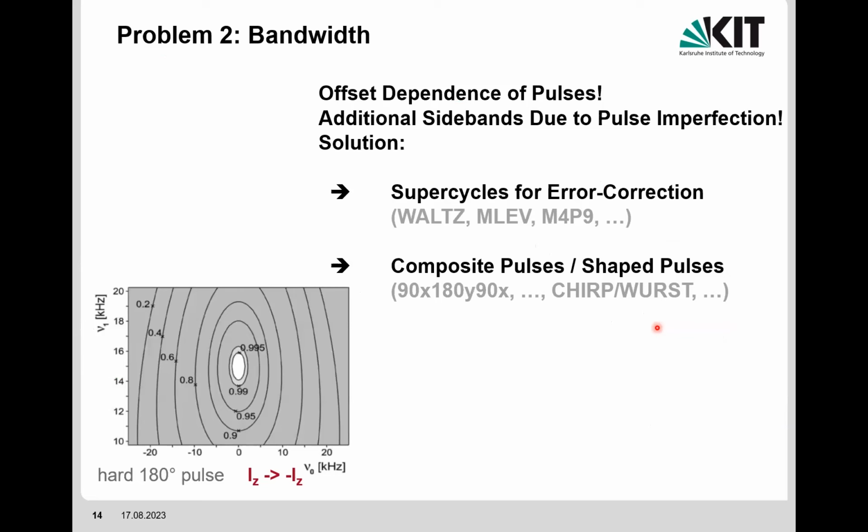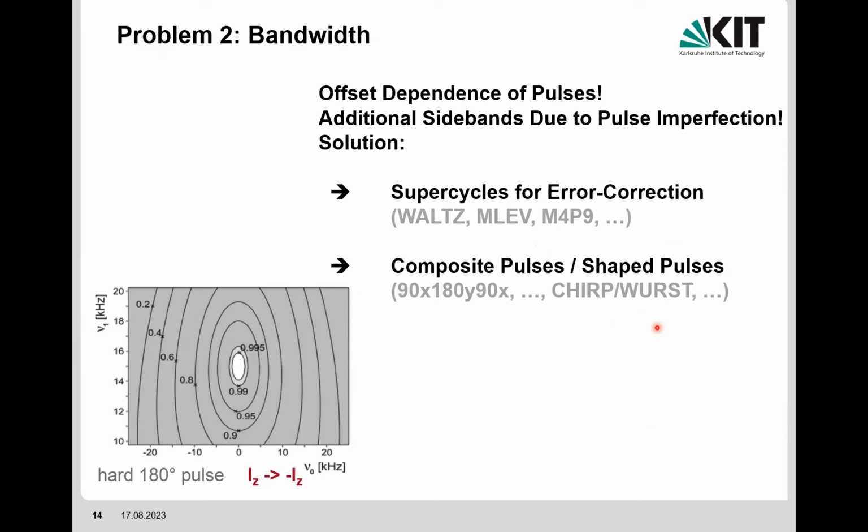I was talking about applying a simple, short 180-degree pulse. But because we are limited with the RF amplitude, the RF energy that we are able to put in, we also have a strong offset dependence of the pulse.